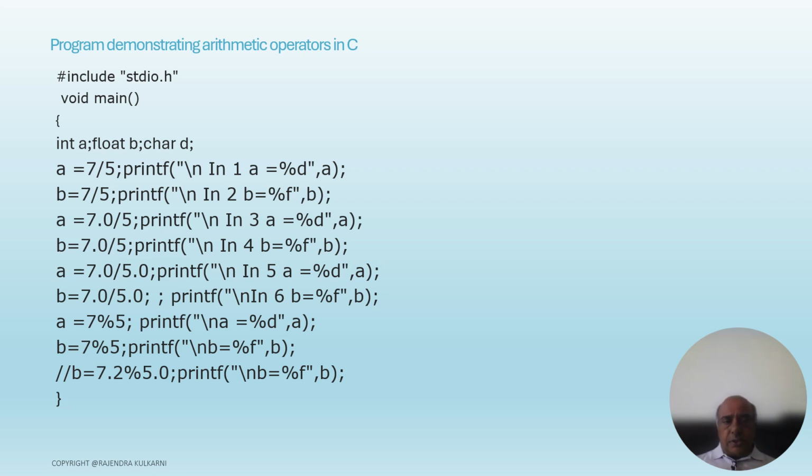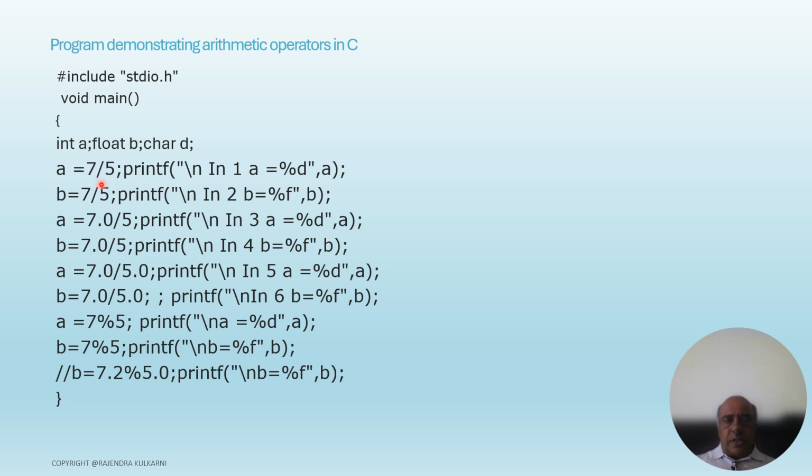Then there is an expression, a is equal to 7 divided by 5, and we are taking the output of this expression by a printf statement, a is equal to %d. Now what will be the output? What will be the value of a?